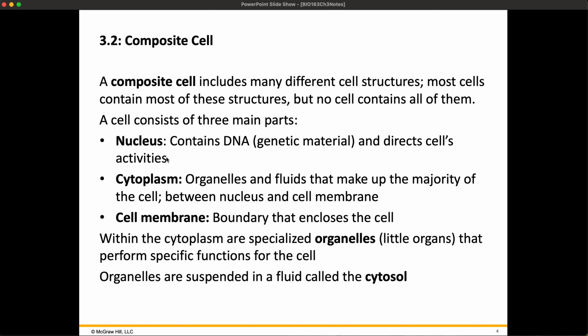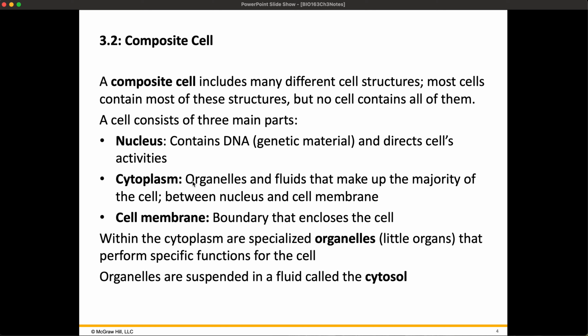Three things most of our cells are going to have are a nucleus, cytoplasm, and a cell membrane. Your nucleus is going to house your DNA. That's the genetic material, the code directing the cell's functions. The cytoplasm is both the organelles, the structures, as we call them, the tiny organs, and the fluid inside of a cell.